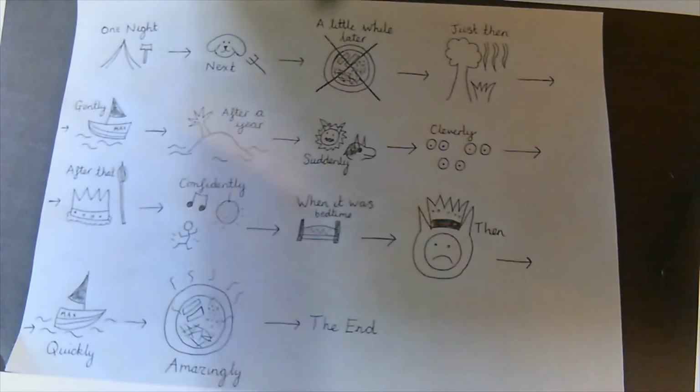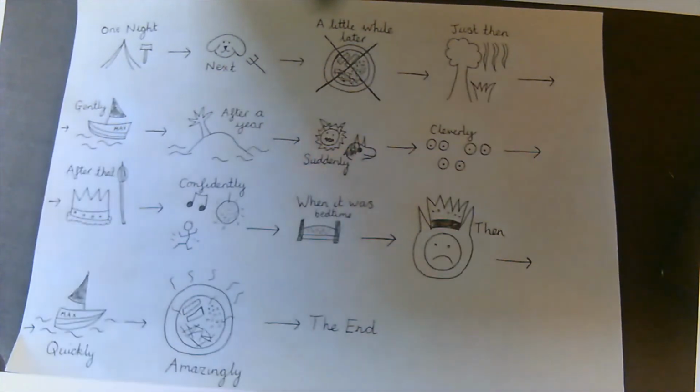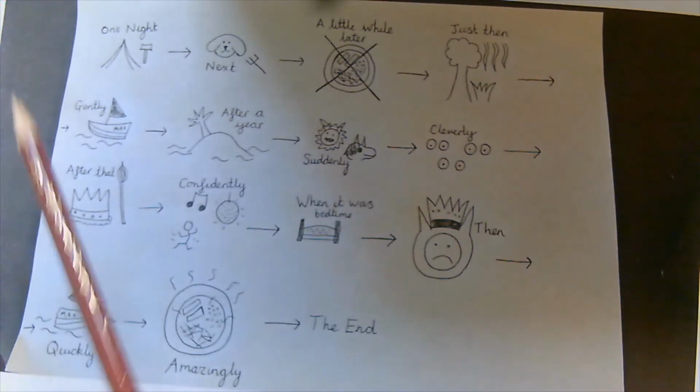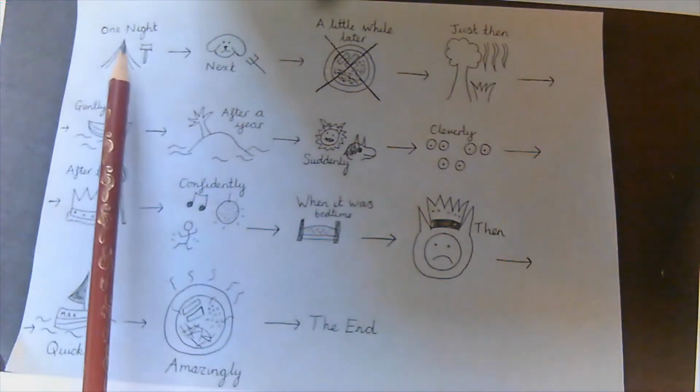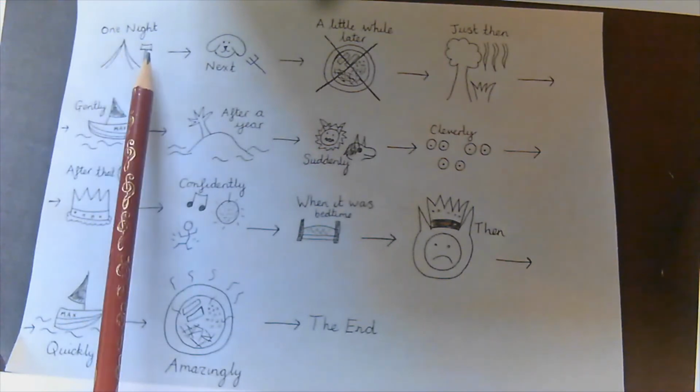Okay, so we can go back and think about retelling our story out loud again. But this time, I want us to improve our sentences. So, can you add some adjectives to each part of your story? So I started with one night Max was building a den with a hammer.